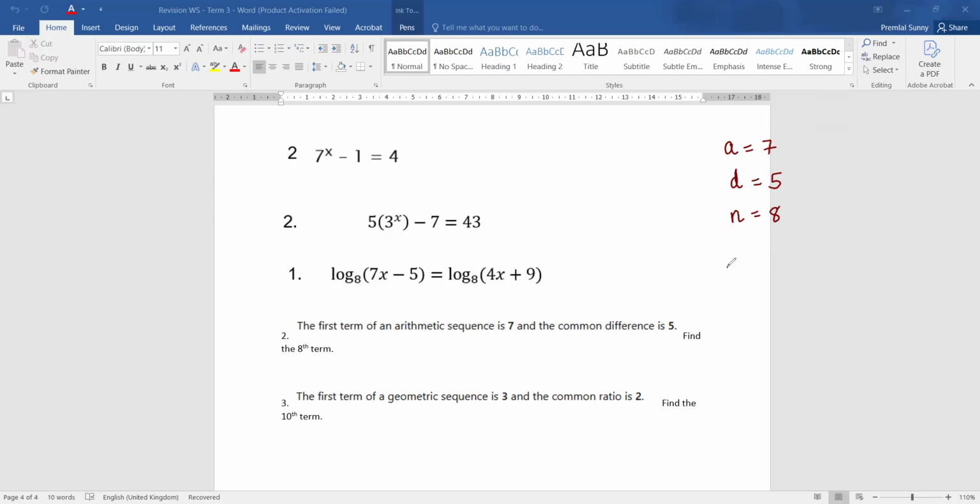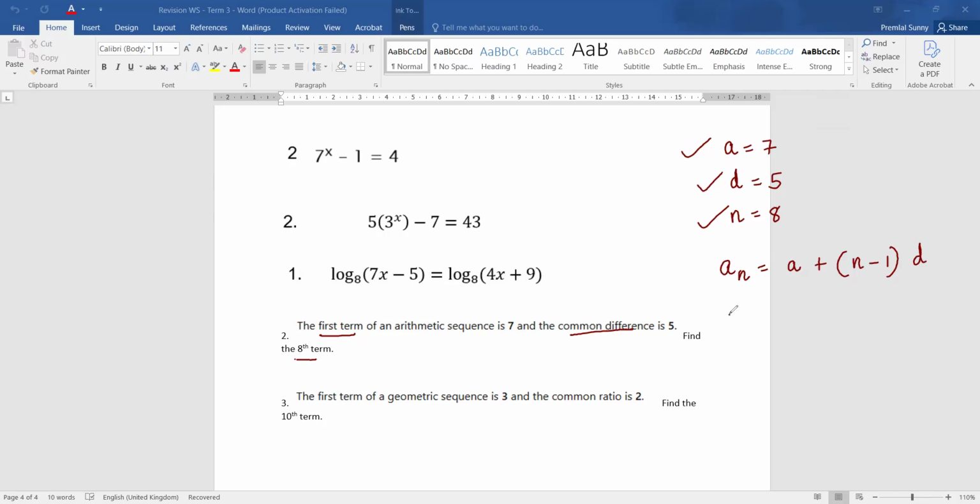We know to find the nth term of an arithmetic sequence, the formula is a plus n minus 1 times d. So the first term, represented by the letter a, is given as 7. The common difference, represented by the letter d, is given as 5. And n, the number of terms, is given as 8.